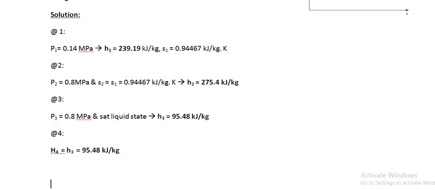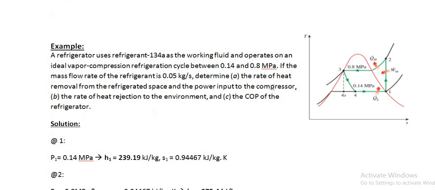Okay, so in part A we were required to find the rate of heat removal from the refrigerated space and the power input. So heat removal is QH. Since it's a rate of heat transfer, it's Q dot. There's a trick here in MS Word to write Q dot: you write this code and press Alt X. This is pretty easy and faster.